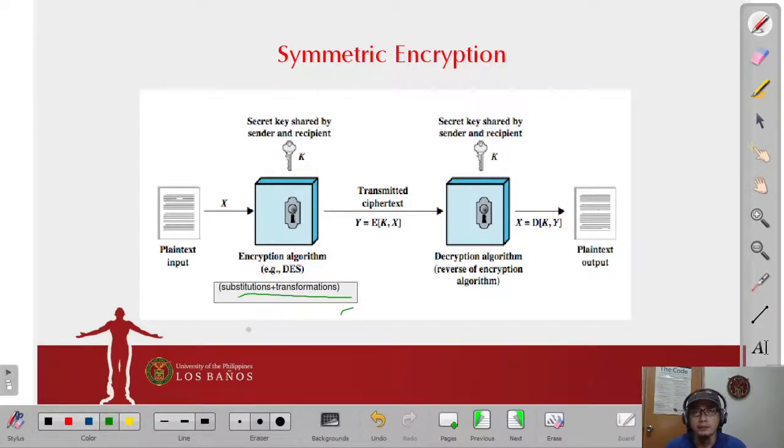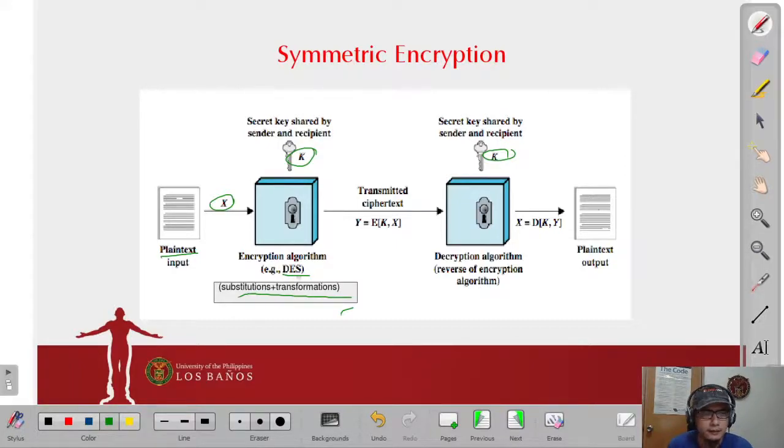So symmetric encryption works by having a shared key, which is shared by both the sender and the receiver. We have a plain text input, X, and it is passed through an encryption algorithm, let's say Data Encryption Standard.